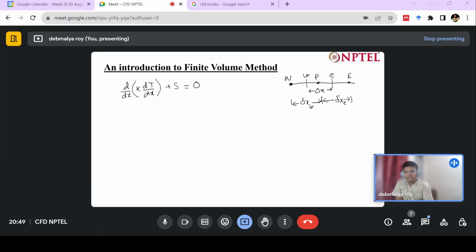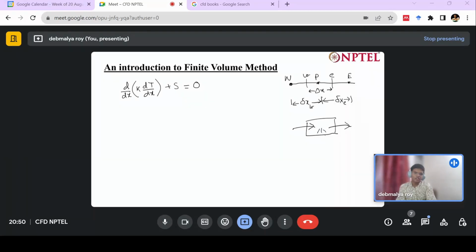Now what we will do is, since this is a conservation equation itself, we will try to integrate this and find out the surface variation of this. If you recall deriving this equation in a heat transfer class, or similar equations in a fluid mechanics class, we used to derive this by taking an element and finding the flux in, flux out, and generation.